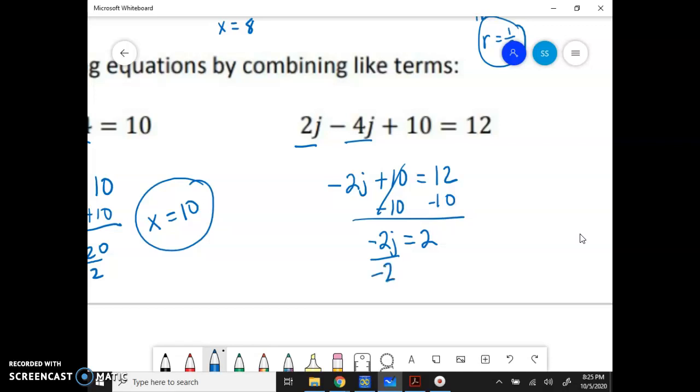You can't just divide by 2. It's got to be the exact same coefficient, or the number in front of the variable. So divide by negative 2. Negative 2 divided by negative 2 for this one, we're going to get just one positive j. And positive 2 divided by negative 2 is negative 1. All right, and there's your answer.